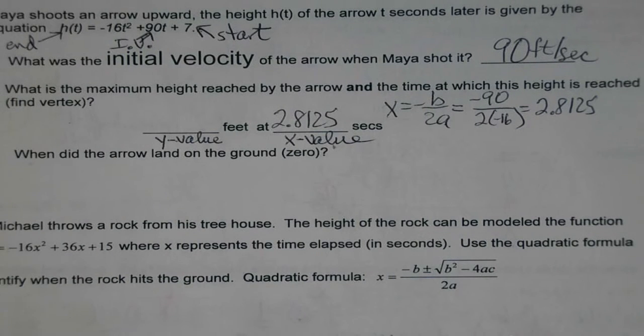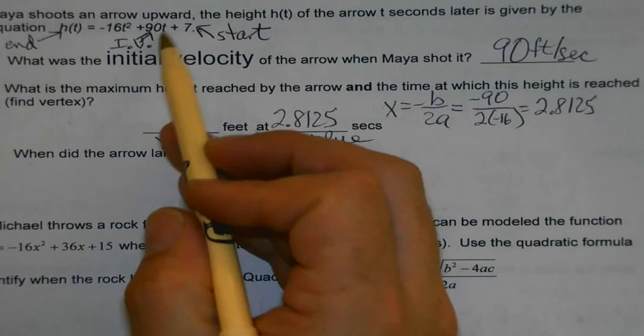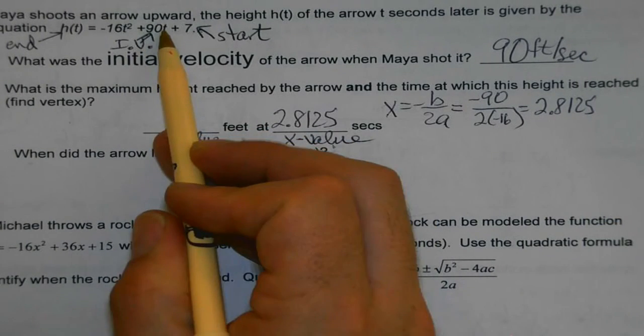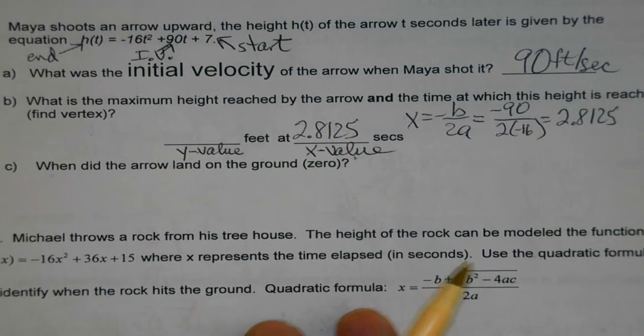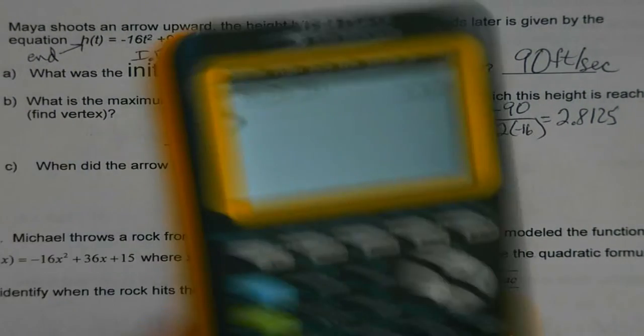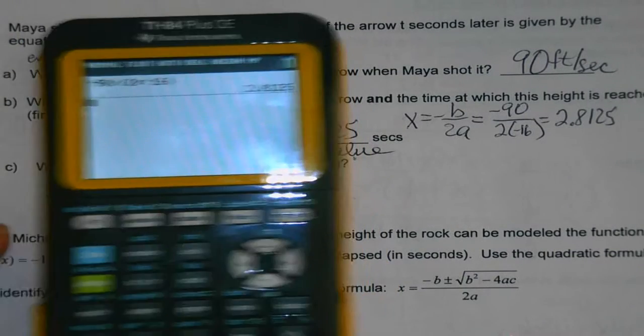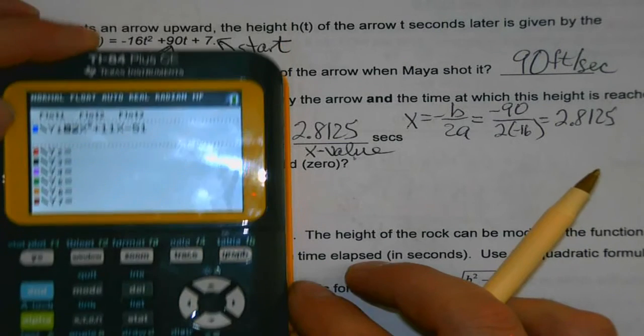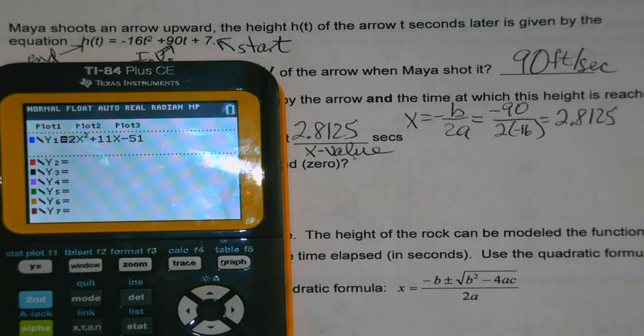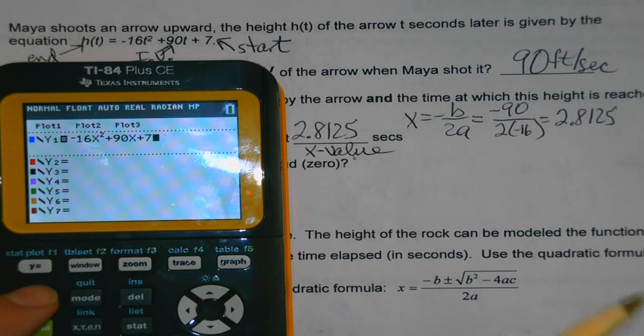Well, to get the y value, I can either plug these in for both the t's if I'm using a standard scientific calculator, or if I want, I could go back to my calculator, punch the original expression, there it is, punch that in there, and then I would be looking for the y value.